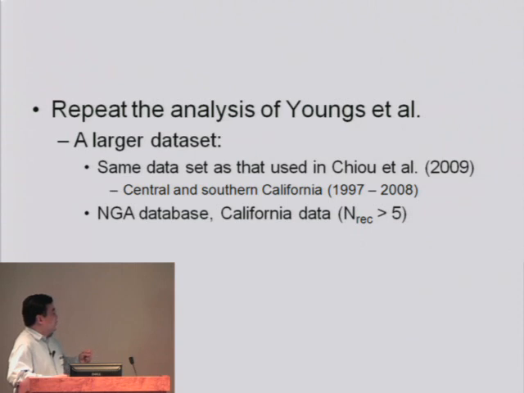And to supplement that small magnitude data set, I have included all the California data that's available from the NGA database, with the criterion that those earthquakes have at least 5 recordings. Okay. The criterion is there so I have some confidence in trusting the estimated inter-event term.